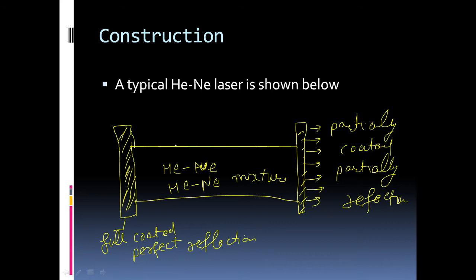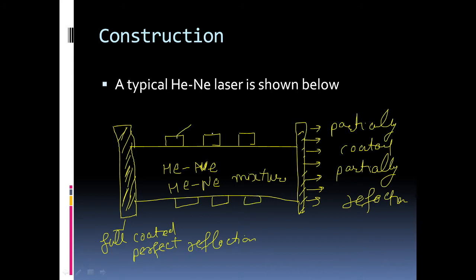Here we have excitation sources to accelerate the atoms of helium and neon. They are connected with metal bands.